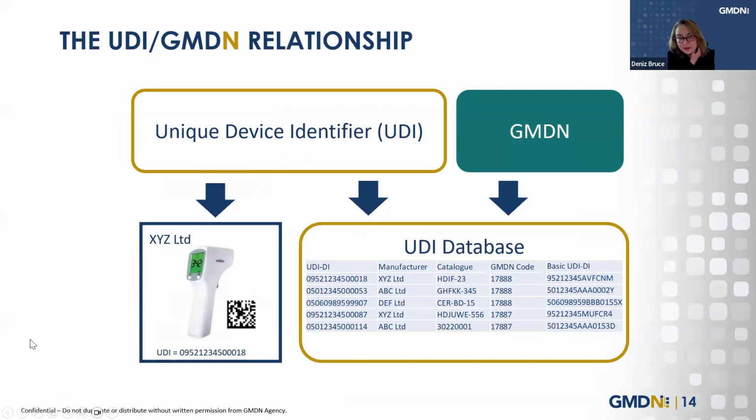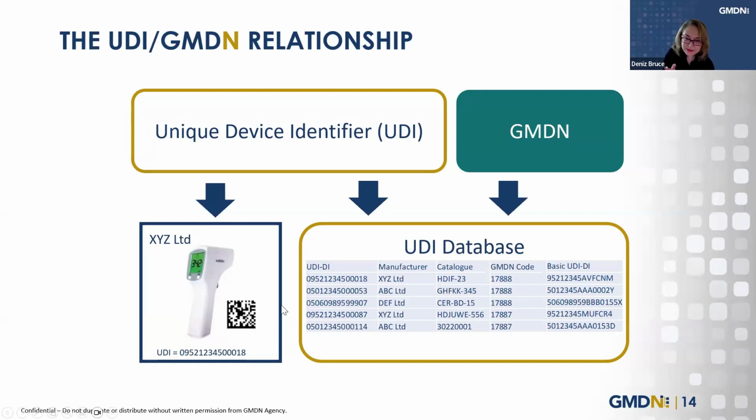Here is an example showing briefly the UDI and GMDN relationship. The unique device identifier, as you can see, has the code, manufacturer information, and catalog number. GMDN complements the UDI. You can also see the basic UDIs here for a group of devices.